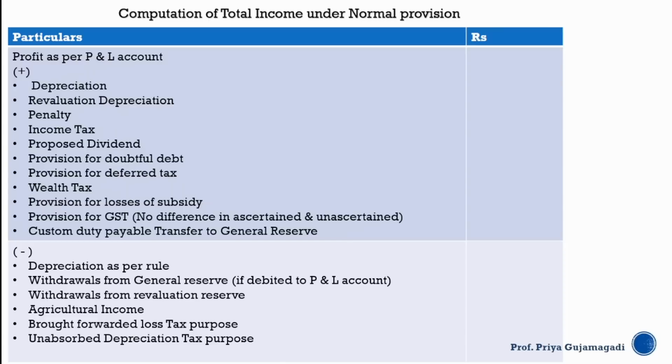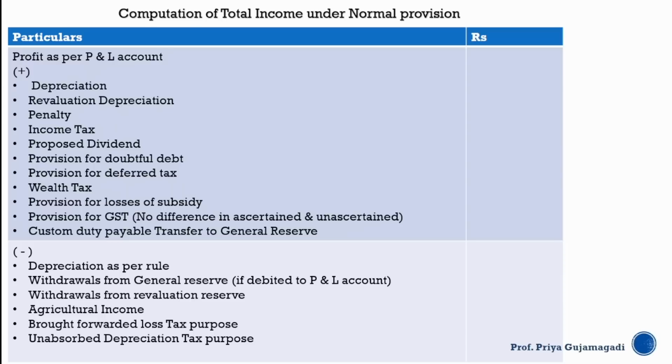But sometimes in questions, they'll give brought forward losses and unabsorbed depreciation as per tax rule, and brought forward losses and unabsorbed depreciation as per account. So two will be given. When both are given, then while calculating total income under normal provision, we have to consider tax purpose. So both we have to minus. Both we can deduct, brought forward loss as per tax rule and unabsorbed depreciation.